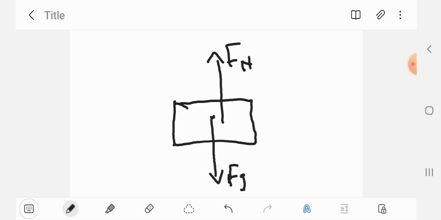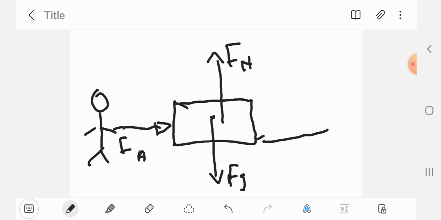And then if the box is being pushed from the left to the right, let's say the person is standing here and is pushing this box, we'll have that in this direction. This will be the applied force. And then at the bottom, we'll have something called frictional force. Frictional force is stopping the box from moving.